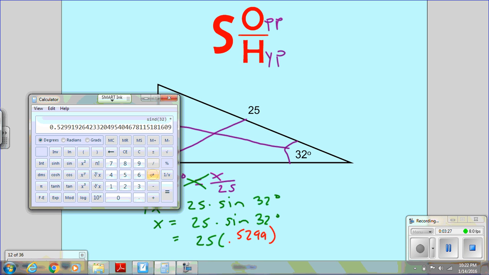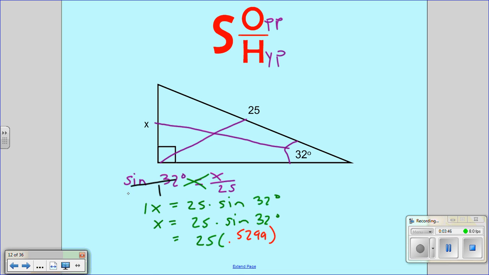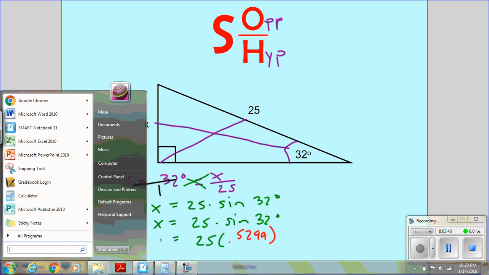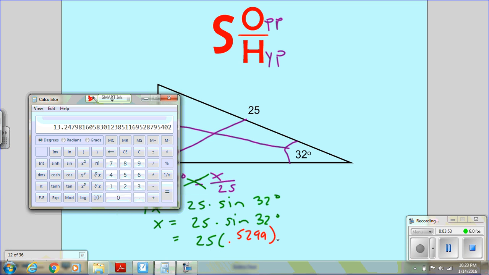So times 25. And it'll be 13.25 is a good estimation. What did I say it was? 13.25. Okay, just checking. So that's the missing side.